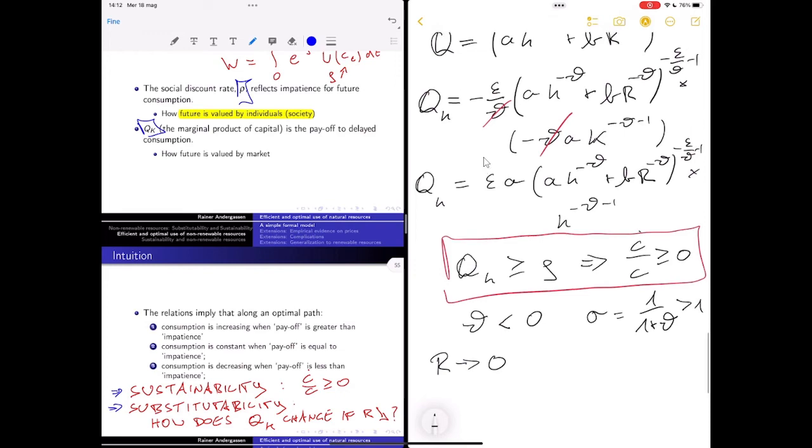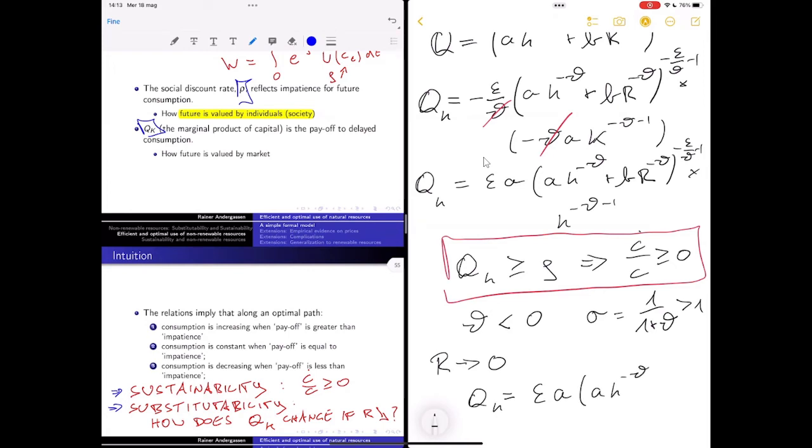And if R becomes smaller and smaller over time, we still have a finite marginal product of capital. If you take the limit here of R that goes to 0, what remains here is the following.